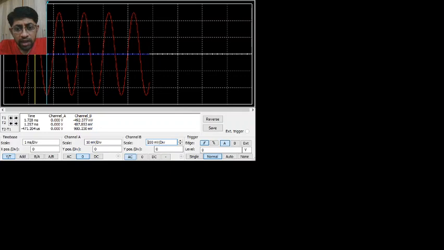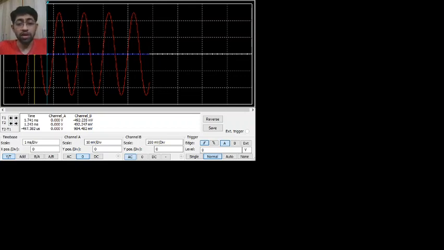It is 984 point something, yes, 984.482 millivolt, peak to peak. Write it down. So this much output we are getting when input is 1 volt peak to peak.